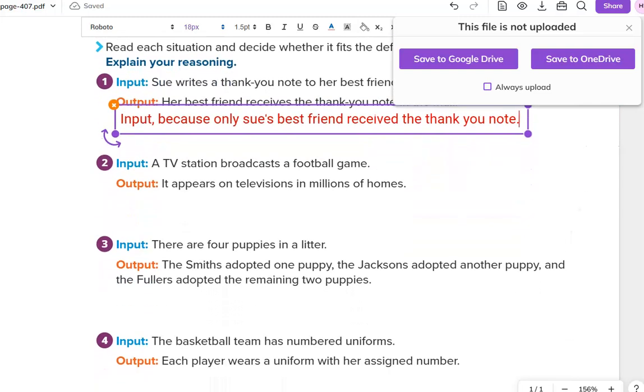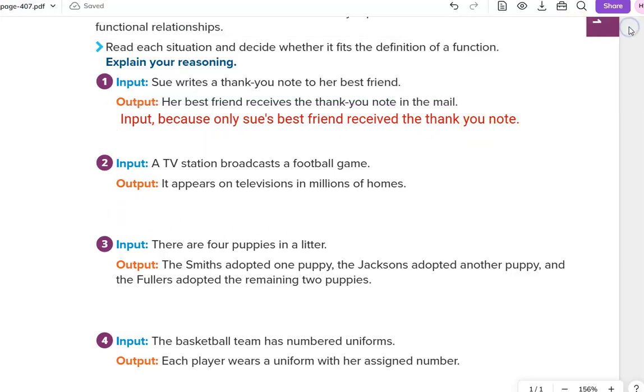Okay, a TV station broadcasts a football game. So the football game is the input. The output, it appears on televisions in millions of homes. So there's a football game and it goes out to millions of homes. So is that 1 person getting it, or is it a lot of people?